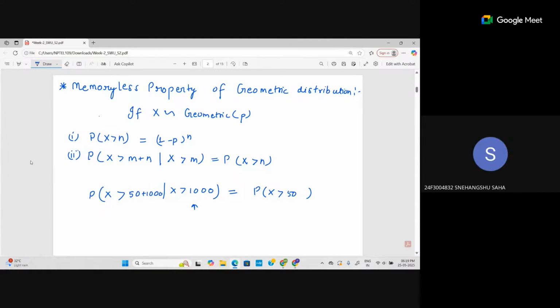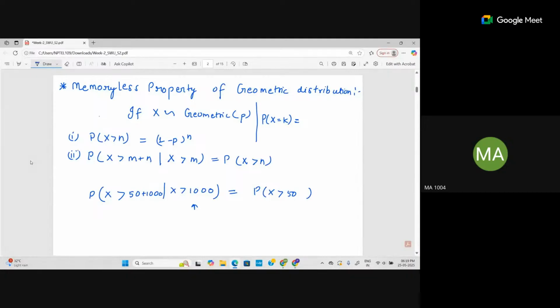Ma'am, what is the formula for geometric distribution? So if x is following geometric, then this is the PMF, the probability that x is taking value k. What does it mean?